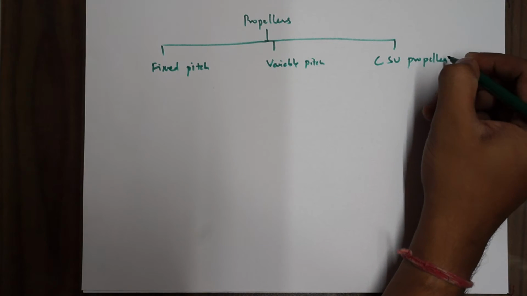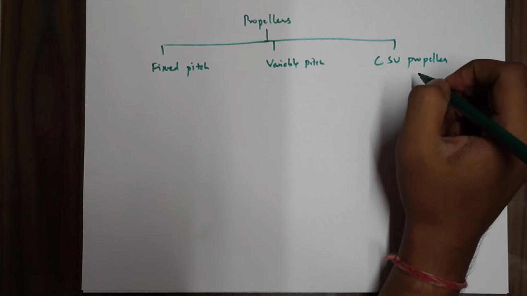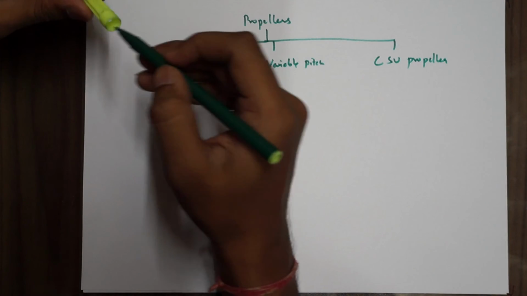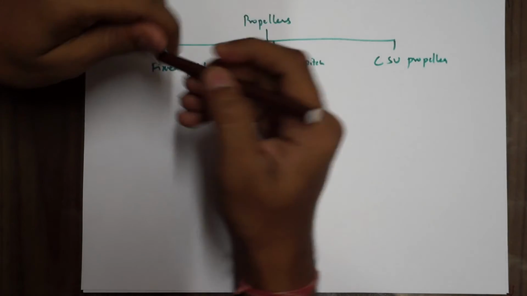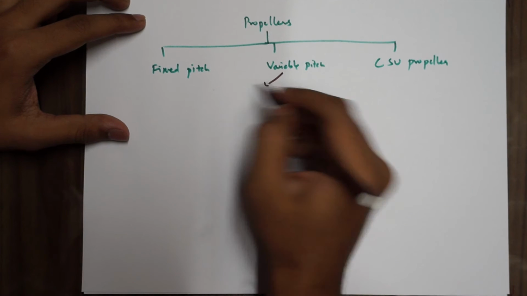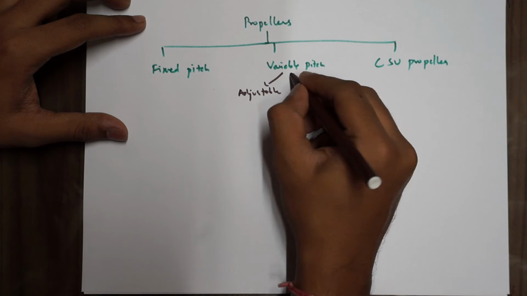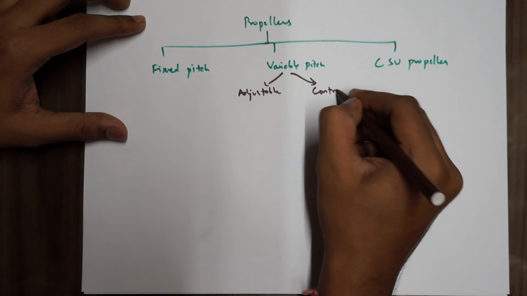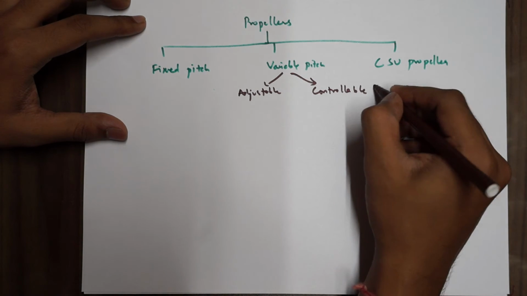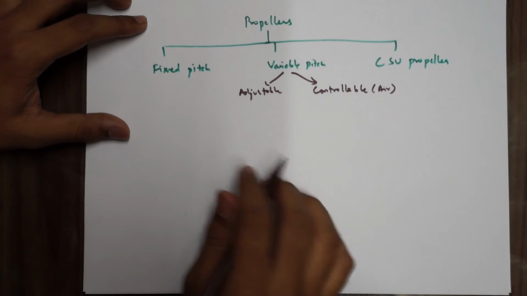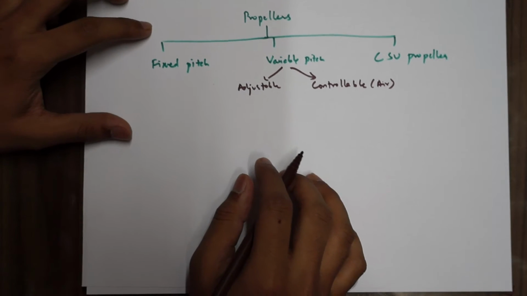CSU is constant speed unit. Variable pitch is further divided into adjustable and controllable. Controllable means you are in the air, you can change the pitch in the air according to your requirements.